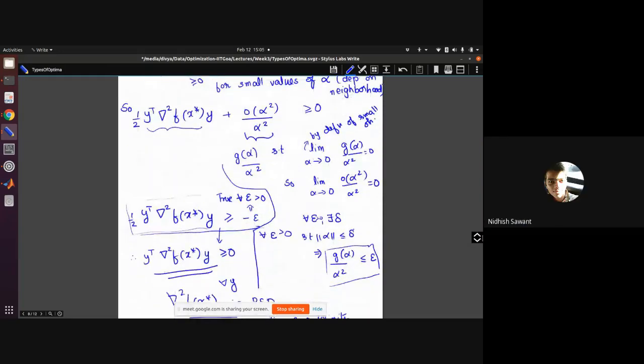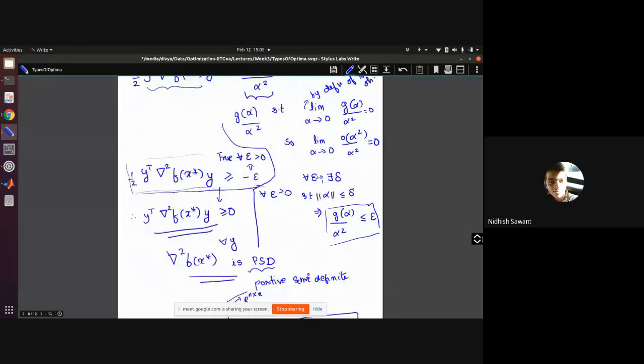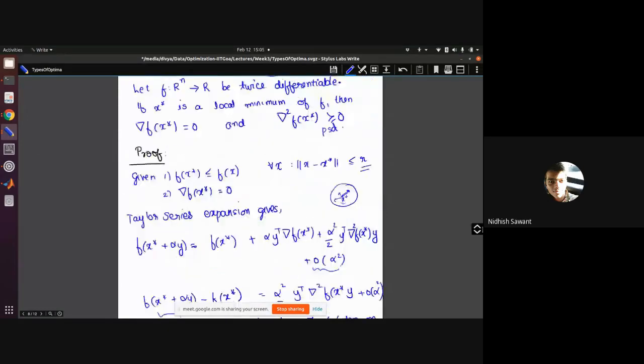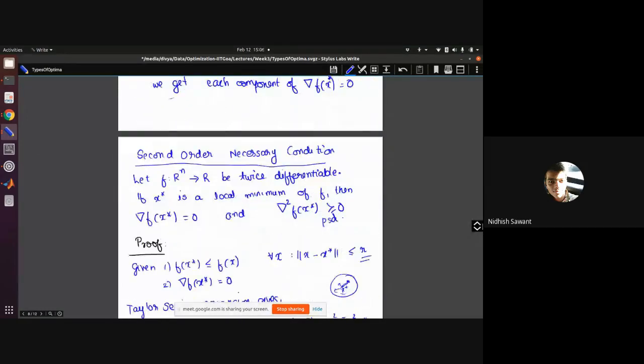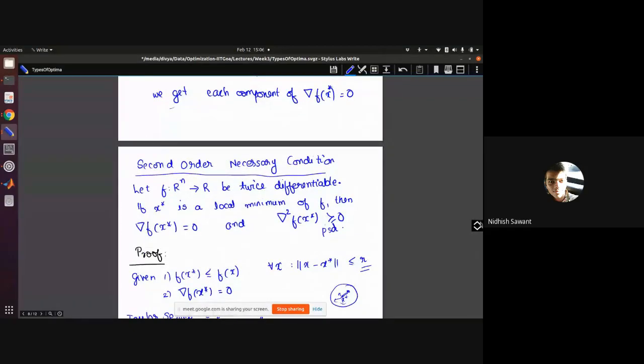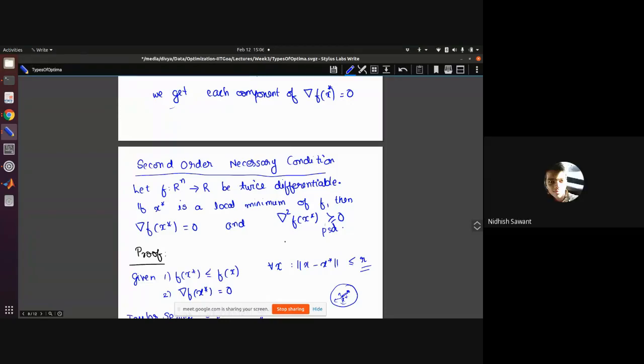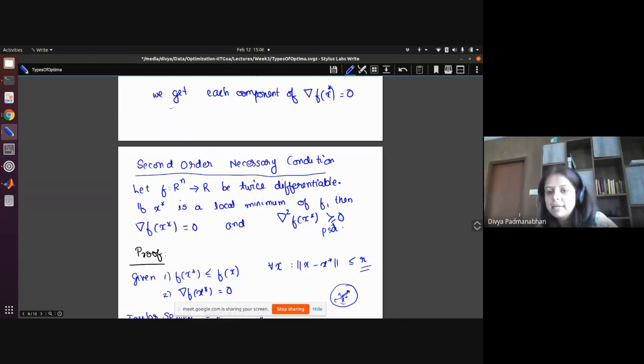We said that for x star to be a local minimum, the Hessian of f at x star should be greater than or equal to 0, because we had already proved that the gradient of f at x star is equal to 0. Yes. After that, to prove the second order necessary condition, you have to say that the Hessian of f at x star is greater than or equal to 0, and by that we mean it is positive semi-definite.